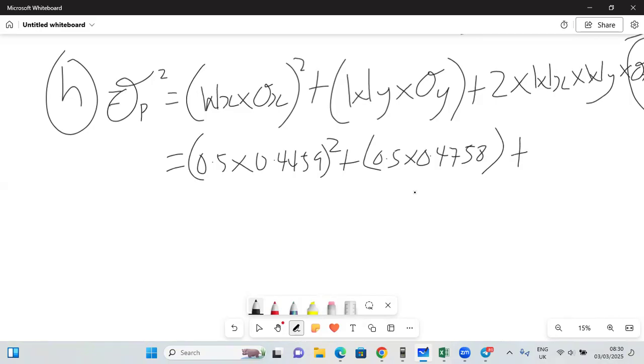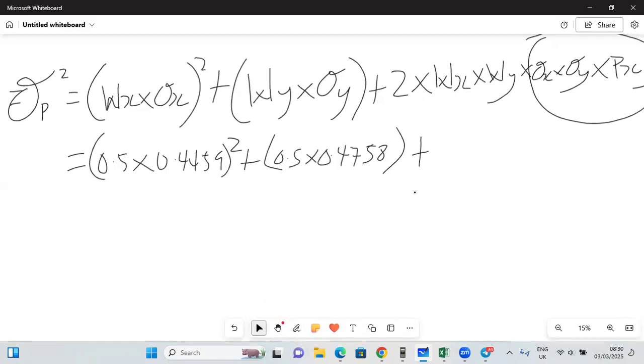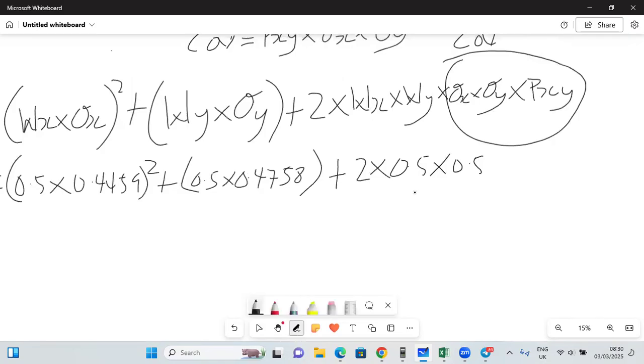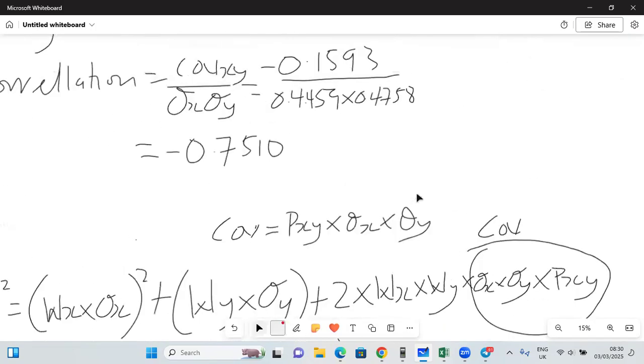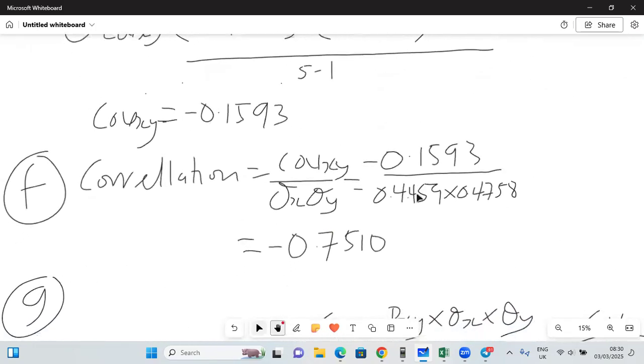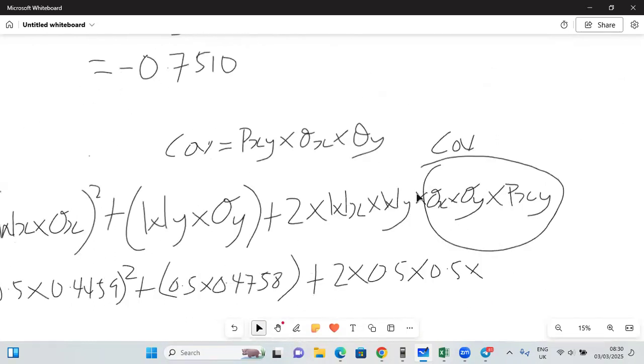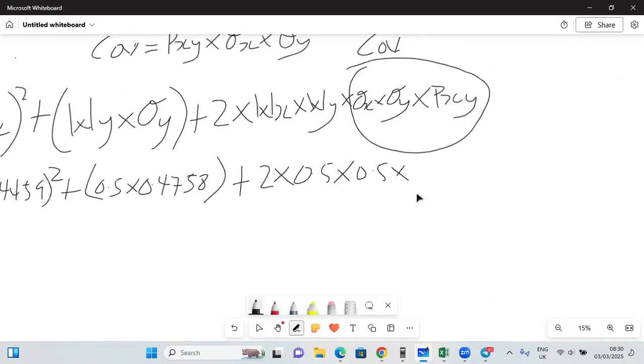Now plus 2 times the weight of X, which is 0.5, times the weight of Y, which is also 0.5, times the covariance. The covariance we solved to be negative 0.1593.